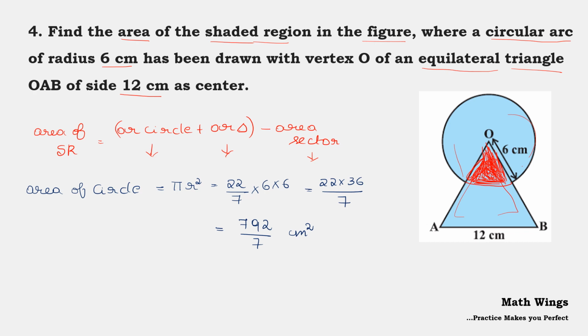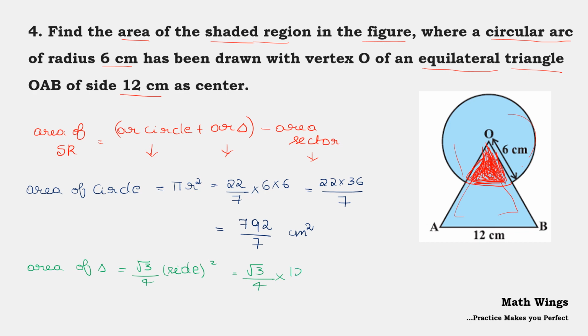Now what do we have to find next? We have to find the area of the triangle. What's the formula to calculate the area of a triangle? Since it is an equilateral triangle, we can use the formula root 3 by 4 into side square, that is equal to root 3 divided by 4 into side, here 12.